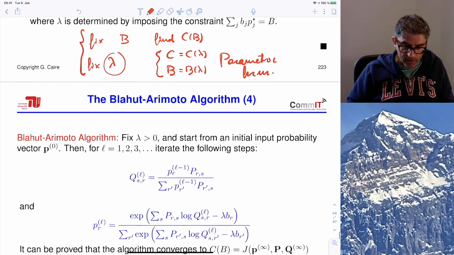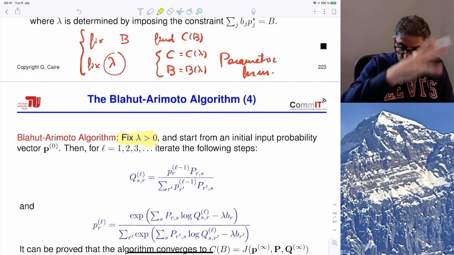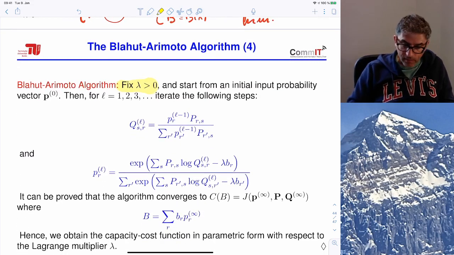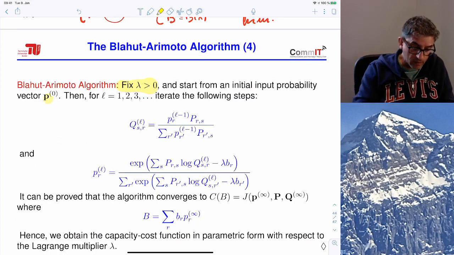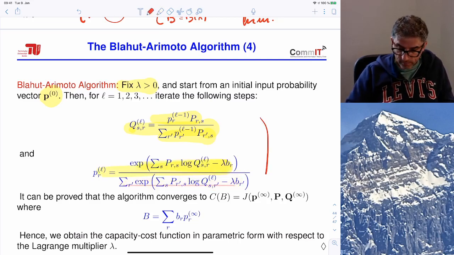Okay, so in this case, we do exactly as follows. We fix lambda, and then you repeat this for many values of lambda, so as to have the whole trade-off. And then we simply start from an initial probability vector, for example, the uniform probability, call it P0, and then we iterate: from P, get Q, from Q, get the new P. You keep iterating these two until convergence.